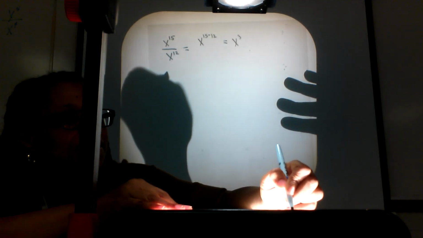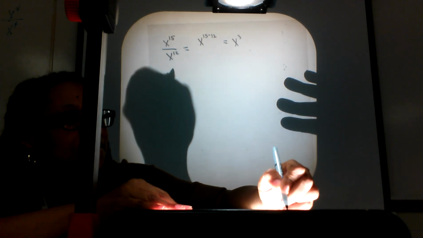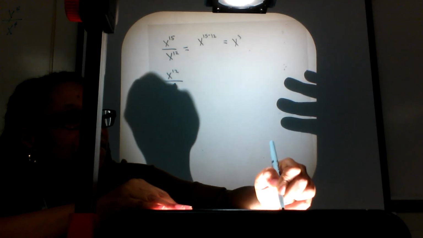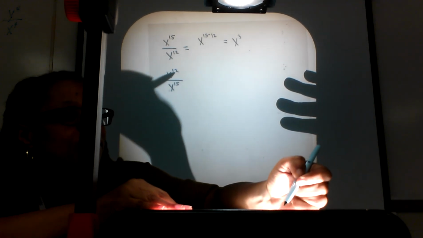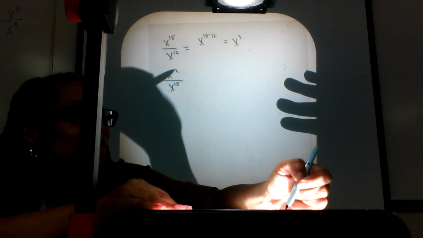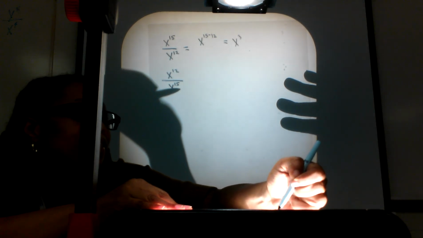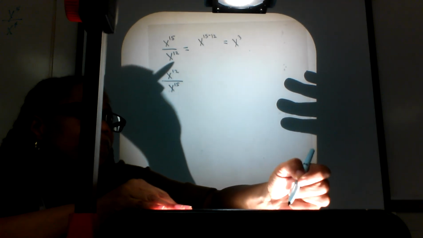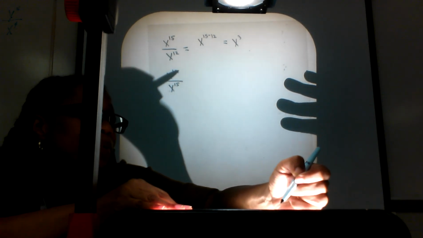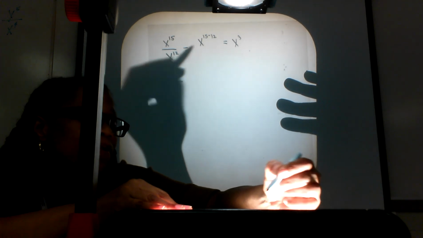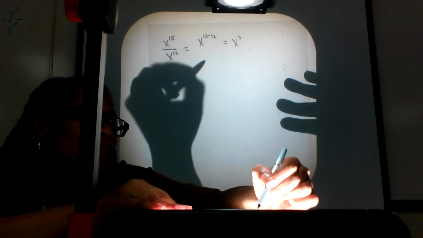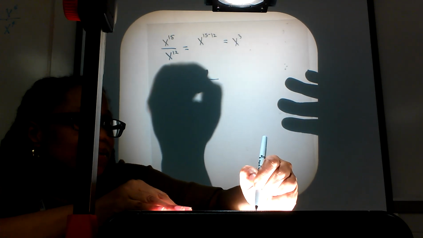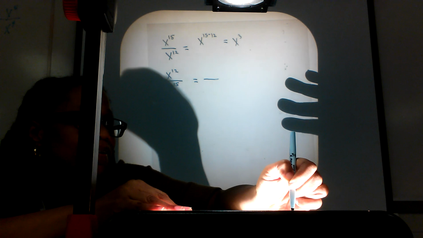Now, say it was like this, X to the 12th power over X to the 15th power. I would take my X to the 12th power, which is on top, and bring it down. I wouldn't bring my 15 up. You can, and your book would bring it up, and it'll just give you a negative 3. But right here, I like to remember there's a 1 in front of here, okay?